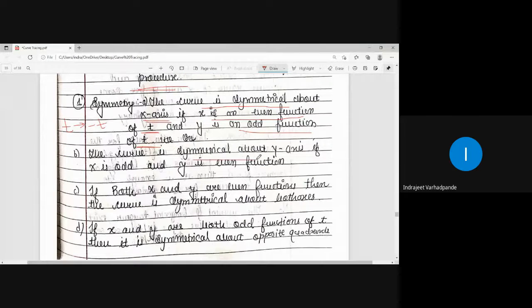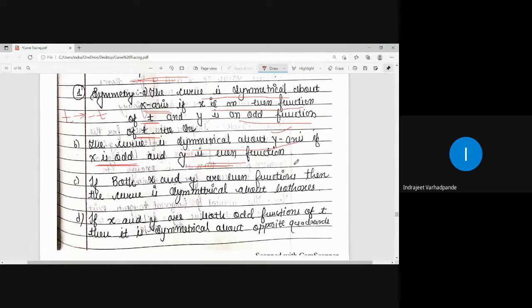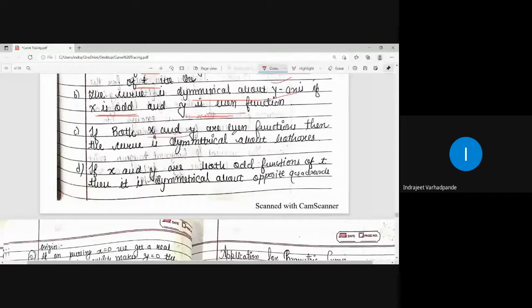The curve is symmetrical about the y-axis if x is odd and y is even. Whatever procedure we did in the previous step is to be applied, but the results are obtained in the opposite manner, and therefore we say that the curve is symmetrical about the y-axis. If both x and y are even functions, then the curve is symmetrical about both the axes.